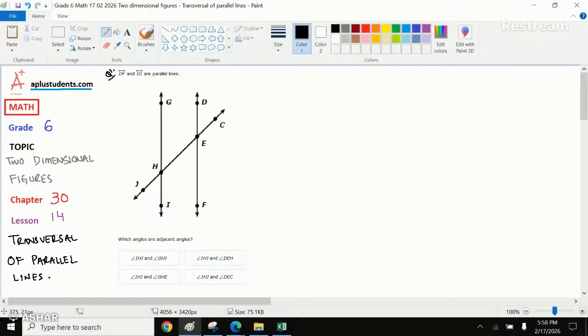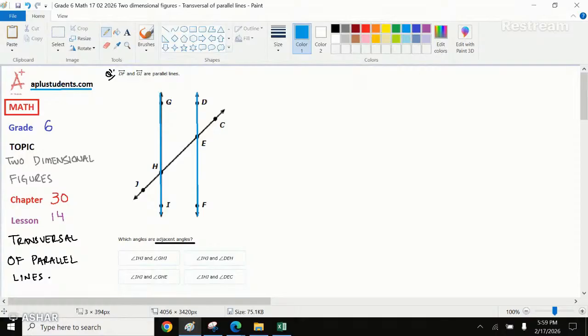Okay. In case of adjacent angles, we know that the adjacent angles would always be next to each other, right? So we have two parallel lines. The parallel lines are always highlighted with arrows, right? These are the two parallel lines which are not intersecting each other. Hi, Crinsley. Hi, Peace. Hi, Bradley.